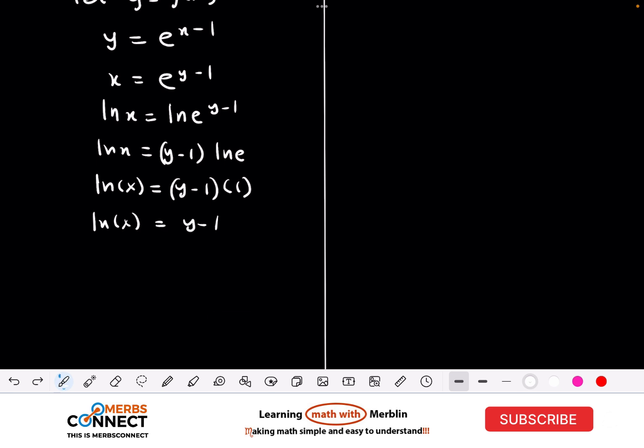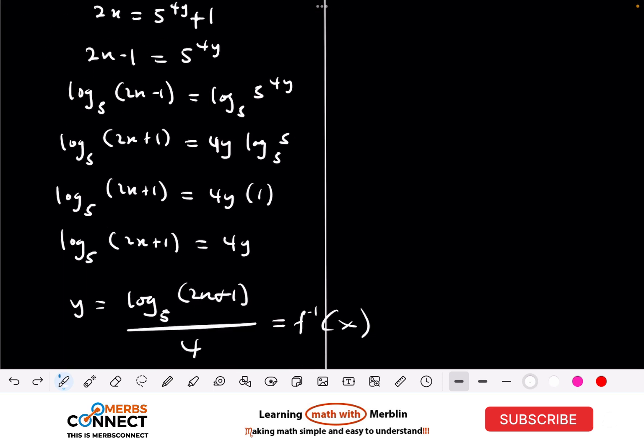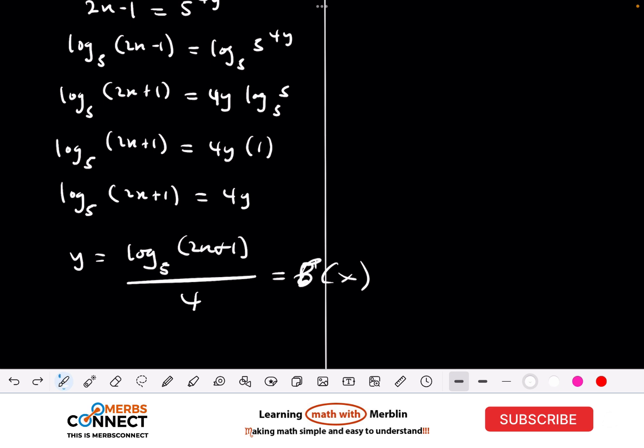I make y the subject by adding plus 1, plus 1. So I'm going to have y equal to ln x plus 1. So this is g inverse of x, which is equal to this. I think this video is supposed to be g inverse instead of f inverse, right?